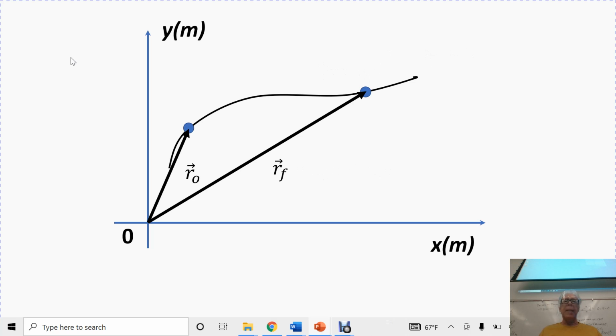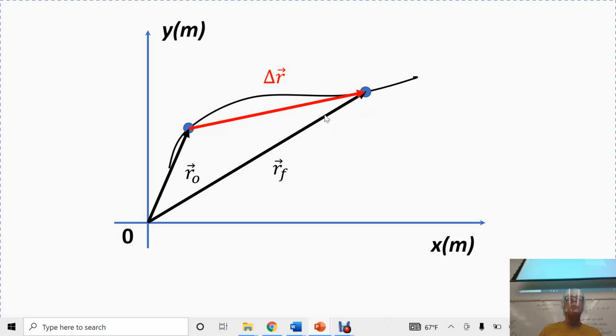And now that you have the initial and final position vectors, you can realize that there is also the displacement vector. Just like we had in one-dimensional kinematics, x final minus x initial. But here it's going to be r final minus r initial. See the head-to-tail method here? R naught plus delta r is equal to r f.